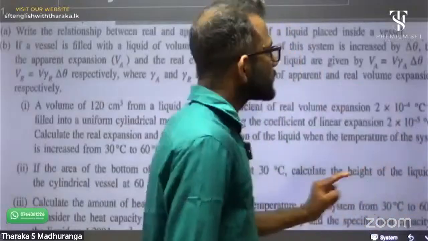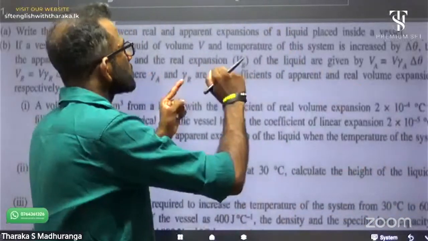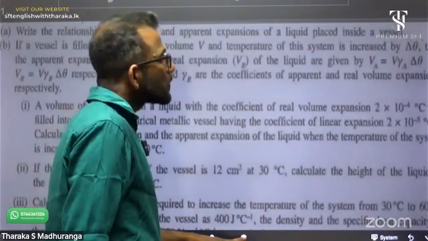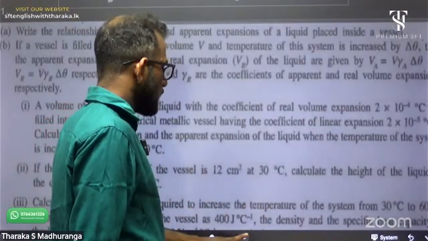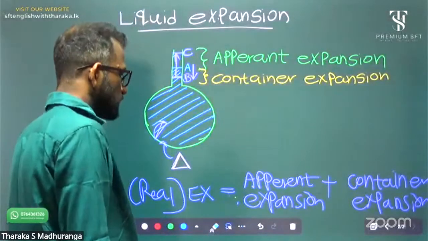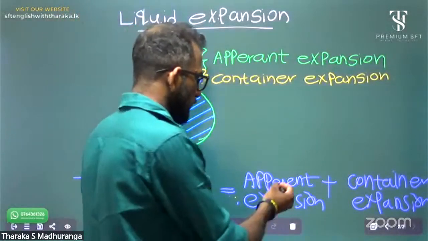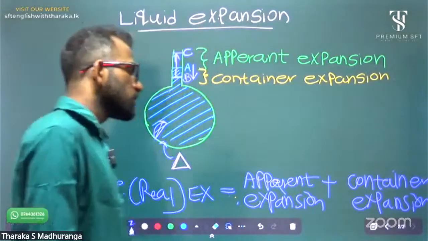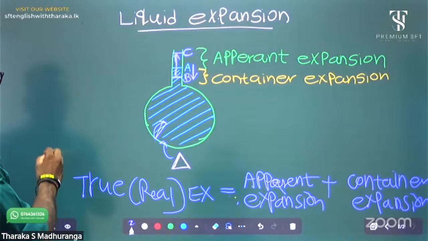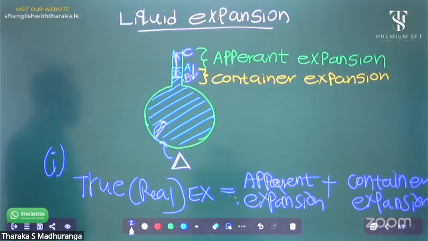The real expansion equals the apparent expansion plus the vessel or container expansion. This is the answer for the first part.